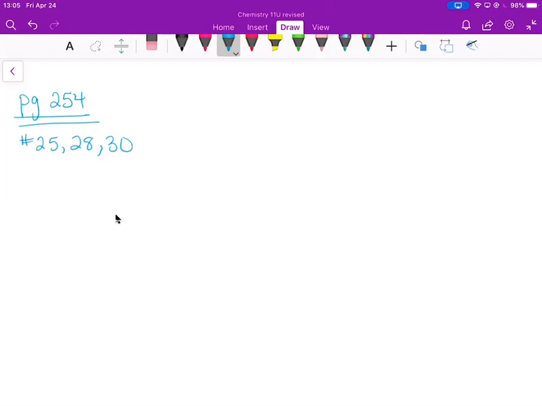So let's start calculating molar mass. 3 times 12.01 plus 6.06. I get a molar mass for propylene of 42.09 grams per mole. And for nitrous oxide, I get 30.01 grams per mole.